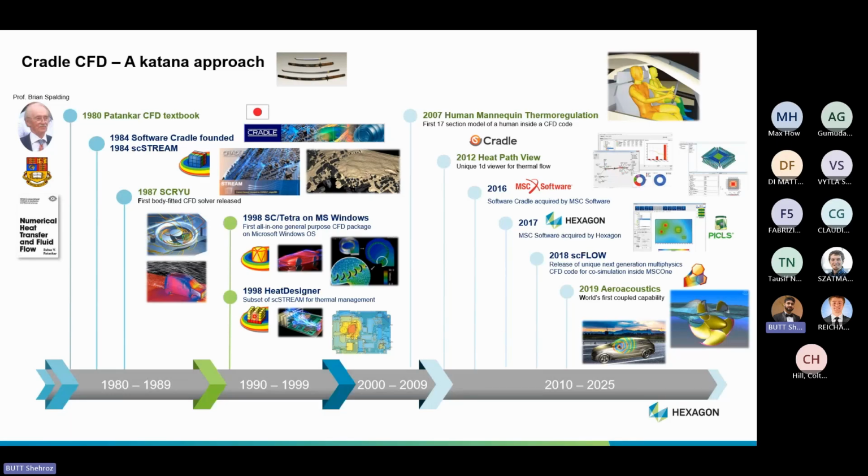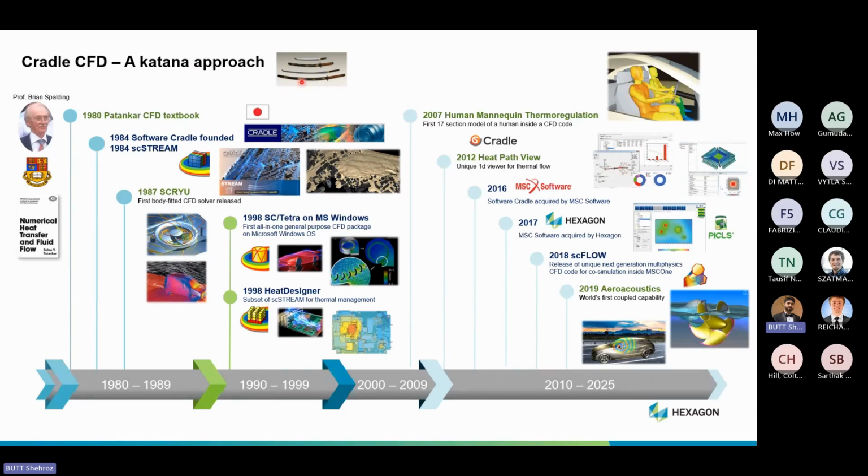If you look at all these milestones, these are related to the code development, starting from a Cartesian mesh type solver and moving into integrating more and more advanced features. One of the key features of Cradle, we can attribute to a typical Japanese katana.